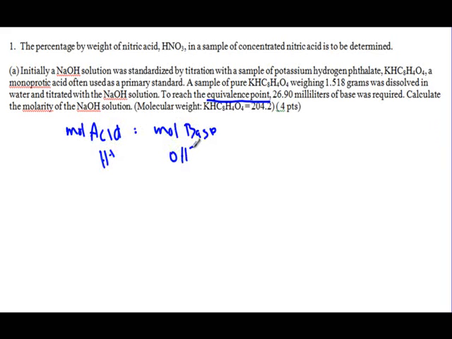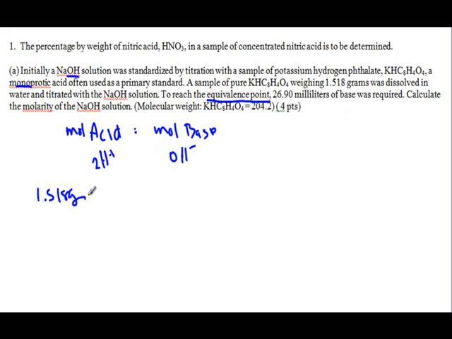In this case, because this is monoprotic and this is monohydroxide, we can use moles of acid equal moles of base. If this was diprotic, we'd have to use twice this amount, right? Because we get 2 H's for every 1 OH.